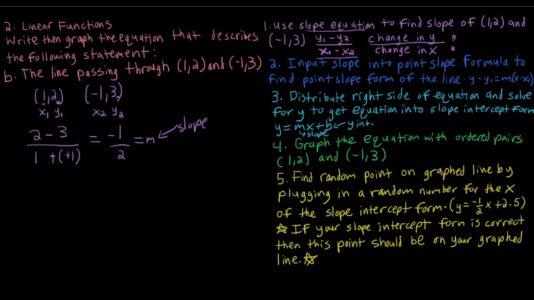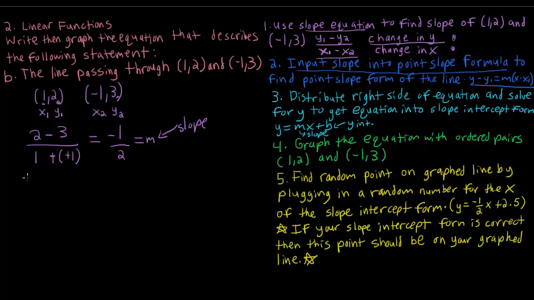Okay, now step 2. Now that we have the slope of this equation, we need to go ahead and, just like it says here, step 2, input the slope into the point-slope formula. That way we can find the point-slope form of this line. And the point-slope formula, just like it says over here, is y minus y1 equals m times x minus x1. So let's start plugging these numbers into the point-slope formula.